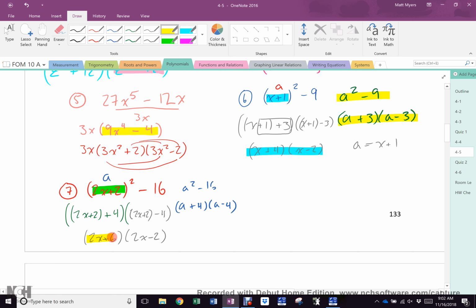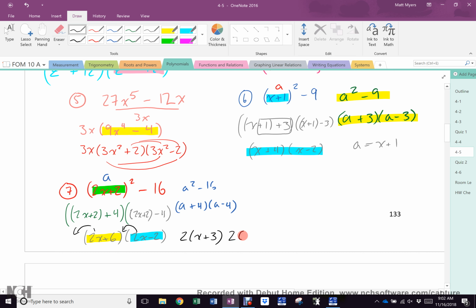What can come out of there? 3? 2. What can come out of there? 2. So I'm going to bring a 2 out of there. So I get 2x plus 3, correct? And I'm going to bring a 2 out of there to get what? 2.